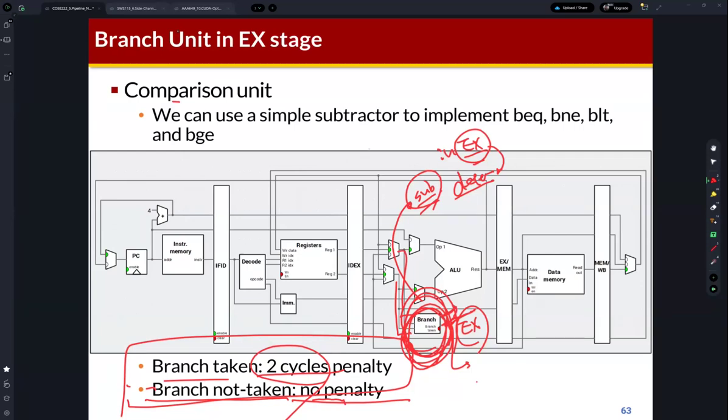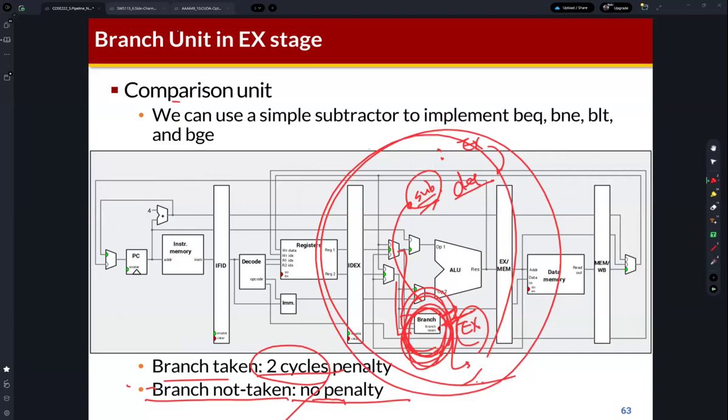Okay, but in the final lab assignment, you can just implement the branch instructions like this, the control hazard like this, which means the branch is resolved in the EX stage using the dedicated branch unit, not the ALU.